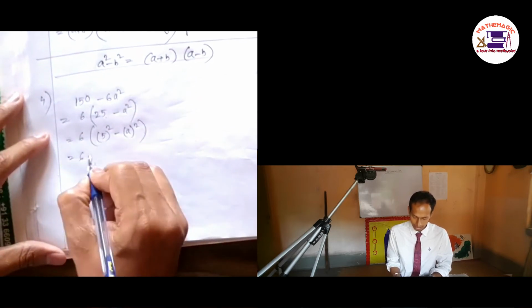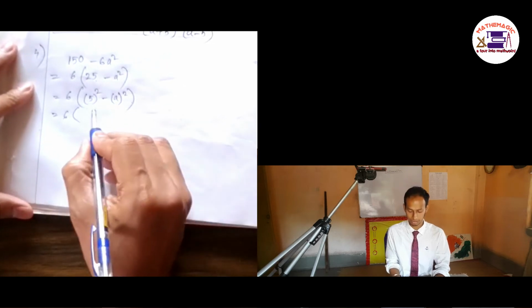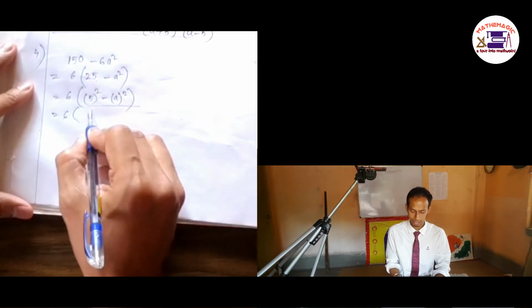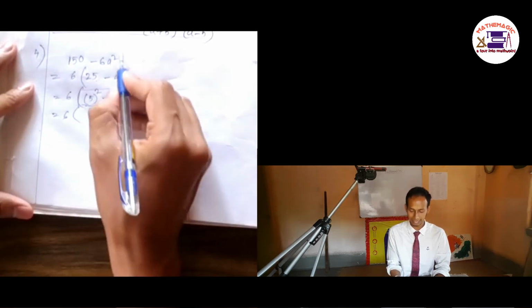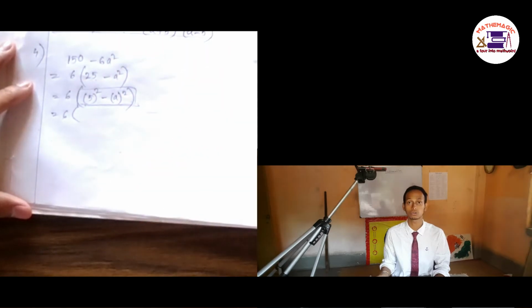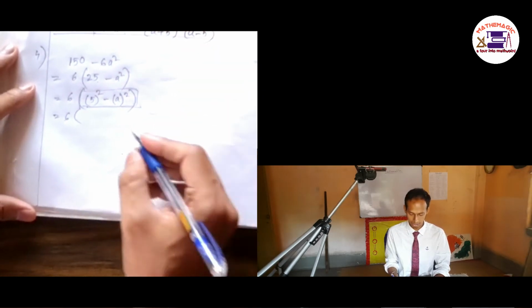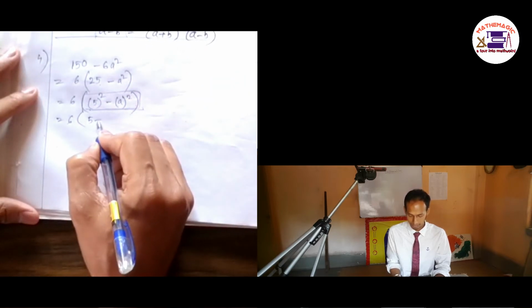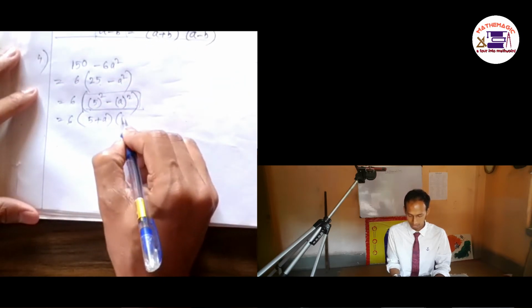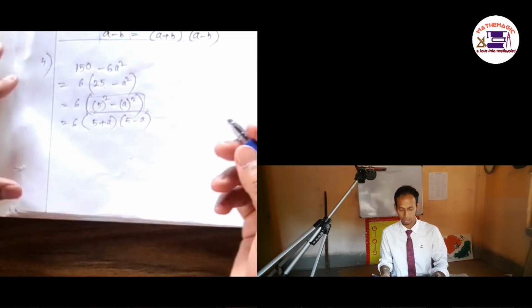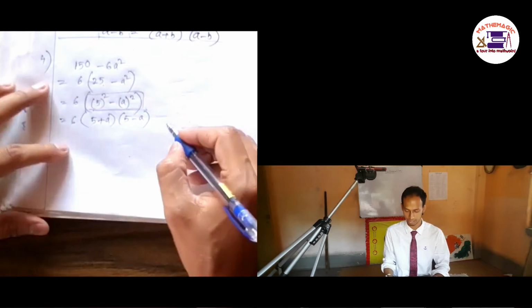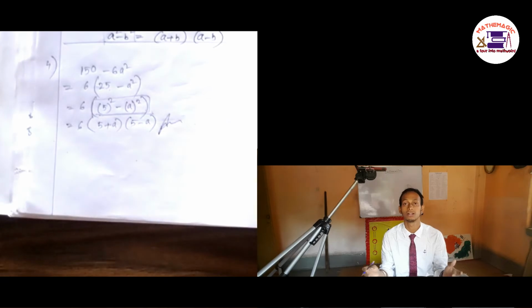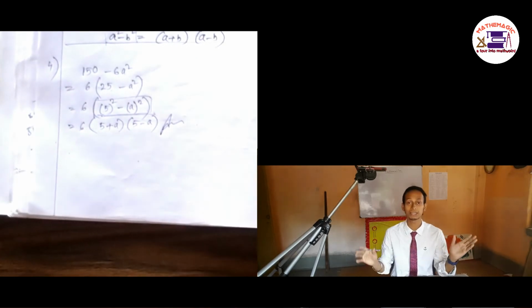In the next step you can easily see the pattern of this identity has come. So according to this identity, now we will use a plus b, a minus b. Now the sum finishes. So this is the answer.